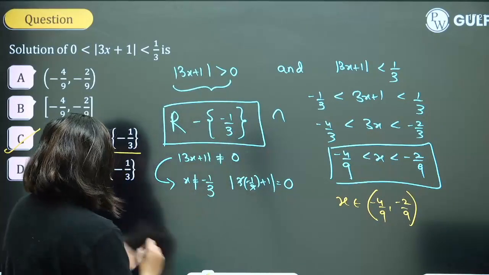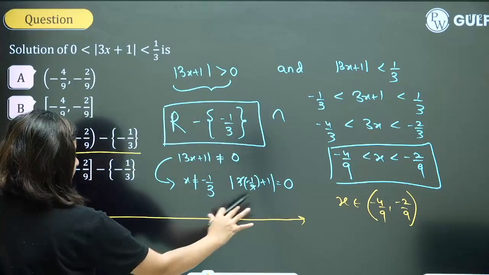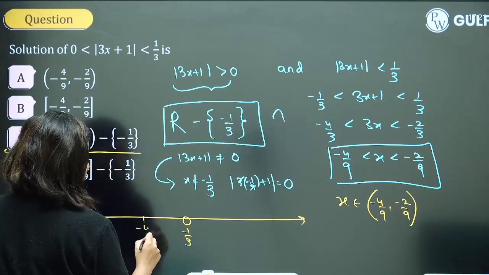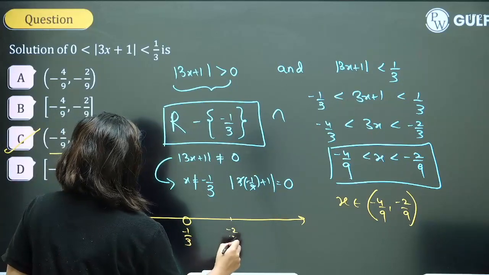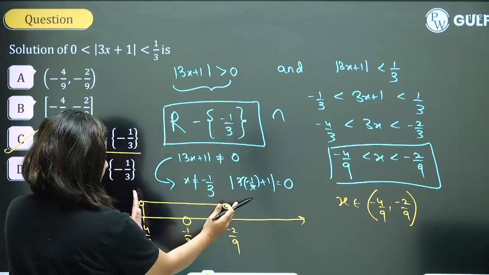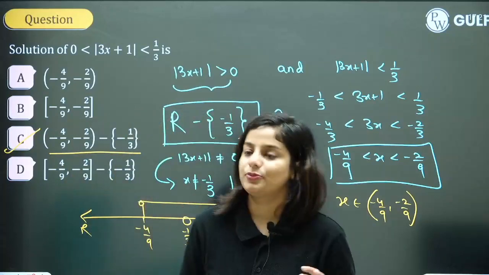On the full real line, you remove minus 1 by 3; there is minus 4 by 9 and minus 2 by 9. x lies between them, but then you remove minus 1 by 3 out of it. Answer will be option.